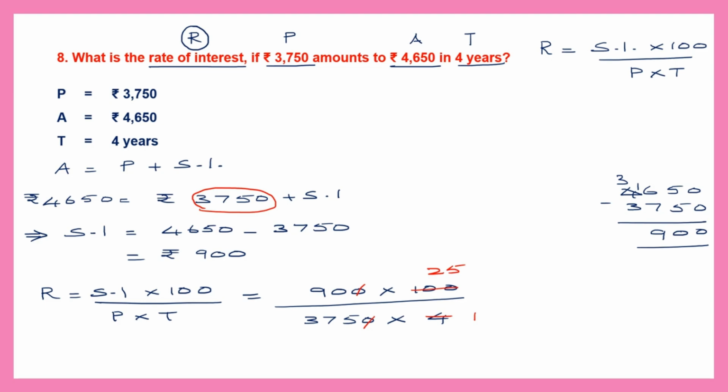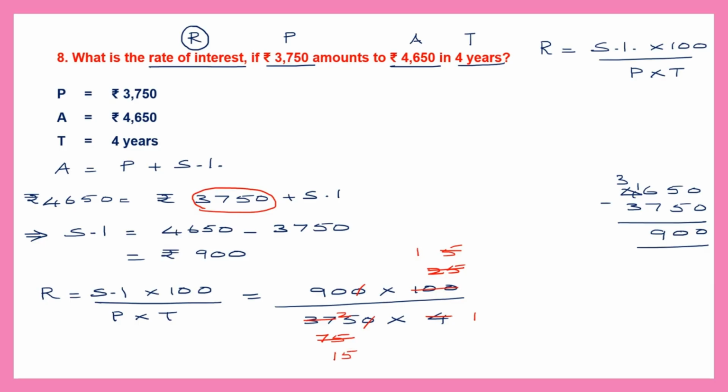Now what else can we cancel? I can cancel 25 and 375 by 5. Let's see. So this will be 5 5s are 25. 5 7s are 35. Then we have 2 25. 5 5s are 25. Now I can again cancel 5 ones are 5 and 5 into 15 is 75.